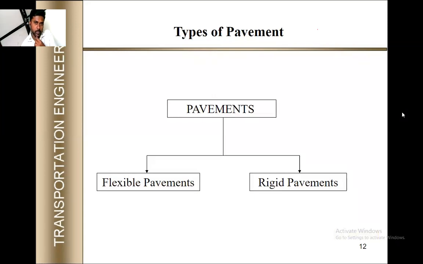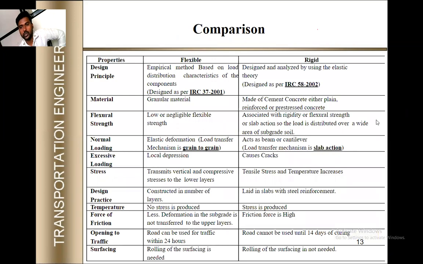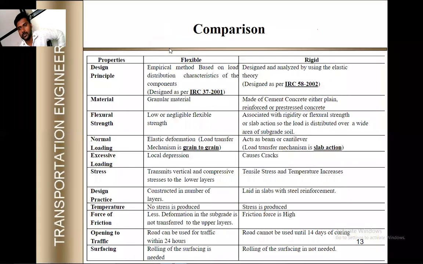Then the main types of the pavement are the flexible and rigid pavements. So this is a very important comparison. All of you please see carefully. This is a very important comparison between the flexible and rigid pavement. First one is the design principle, the empirical method based on the load distribution characteristic of the component.